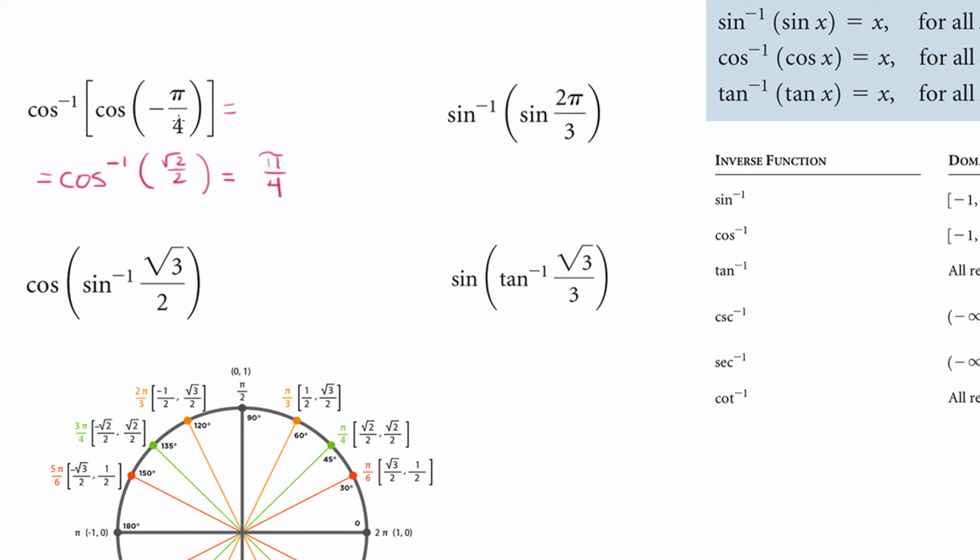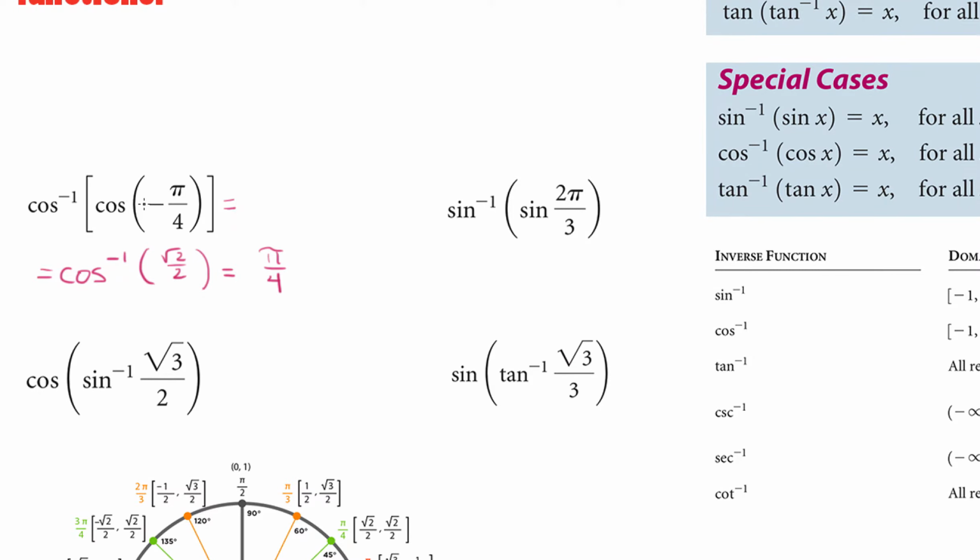You could have also noticed that cosine is even, therefore cosine of negative pi over 4 is the same thing as cosine of pi over 4. And pi over 4 is in the interval 0 to pi, so this will equal pi over 4.